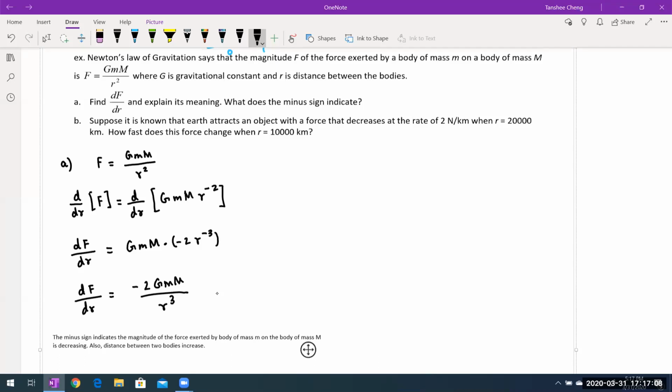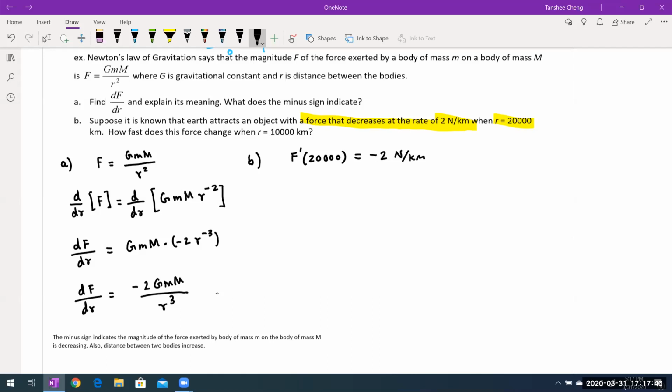If you have taken physics already, you probably know this notation. So what is this basically talking about? It's telling you that the force decreases at a rate of 2 Newton per kilometer when the distance is 20,000 kilometers apart. So that tells me that f prime of 20,000 is equal to negative 2 Newton per kilometer.